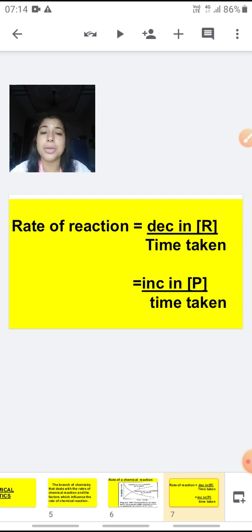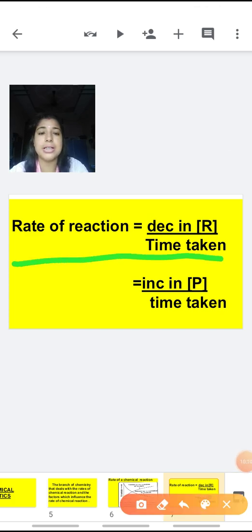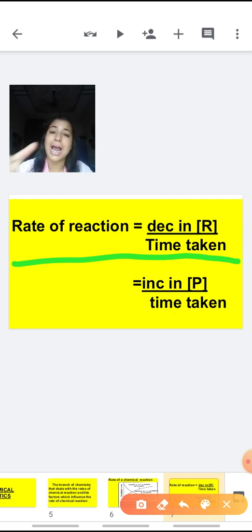The rate of a chemical reaction can be written as the decrease in concentration of reactant with time. That means you put the value of the concentration of reactant at the beginning of the reaction and at the end, and divide by the time taken for the reaction. It will give you the value of the rate of chemical reaction.